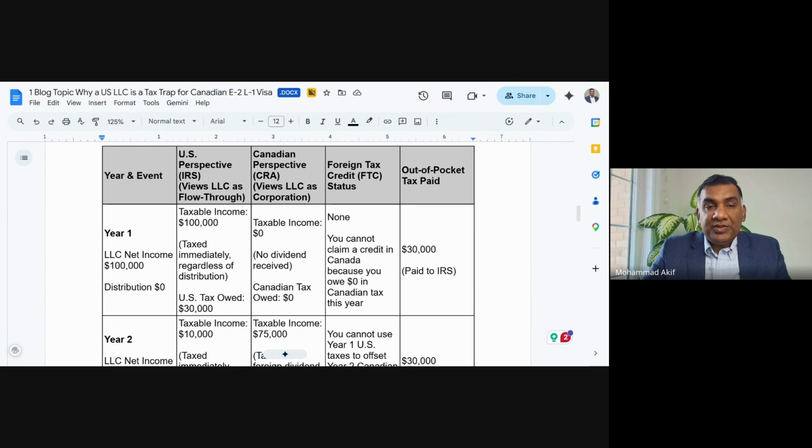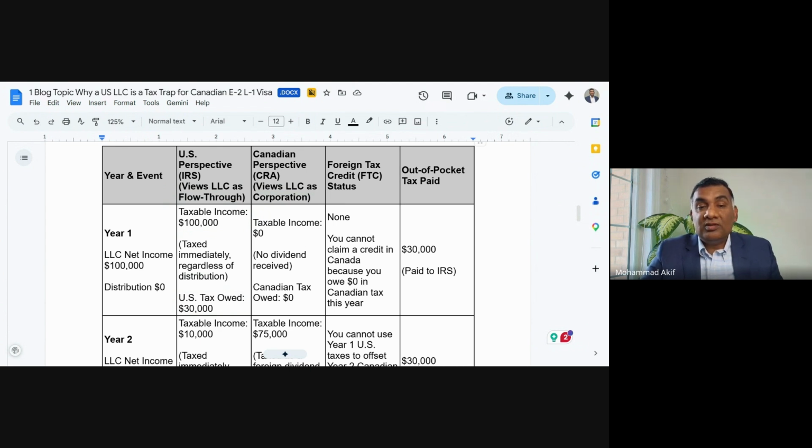So in the first year, we're looking at US LLC income of 100,000. It is a pass-through, so it's taxed immediately, because the LLC does not pay any taxes. The person or company that owns the LLC pays the taxes. US taxes are 30%, so you owe $30,000. On the Canadian side, they're looking at this as a corporation, and when a corporation earns money, the corporation pays the tax.